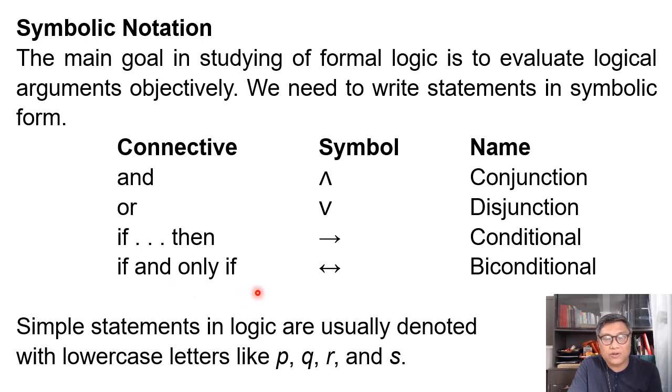And if and only if as a connective is symbolized by the double-headed arrow, and the name of the connective, class, is biconditional. Simple statements, as I said, are usually denoted with lower case letters like p, q, r, s or a, b, c, d or x, y, z. But sometimes, class, we also encounter capital letters. It depends on the use of the authors.